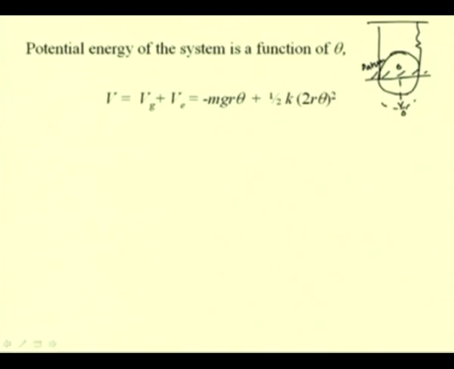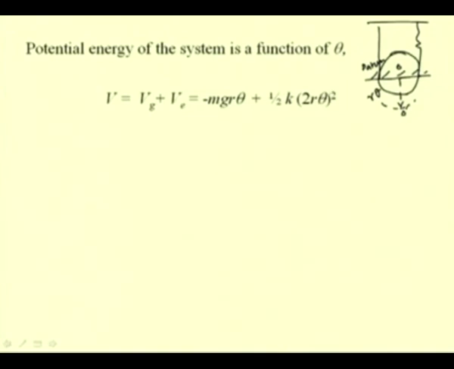So, we have minus mg r theta, where this displacement between O and O prime is r theta, and for this displacement this point C would have moved by 2r theta. So, the energy associated with that position is half k times the stretch, that is 2r theta, squared.